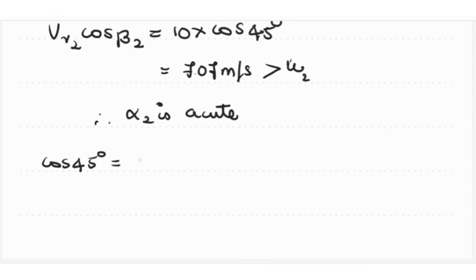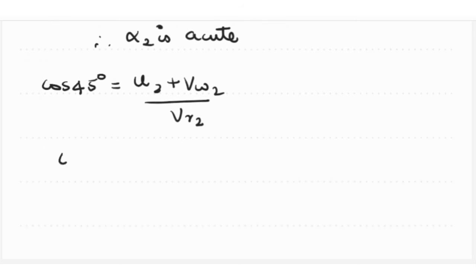So cos 45 degree is equal to adjacent side divided by hypotenuse. So adjacent side is U2 plus Vw2 divided by Vr2.